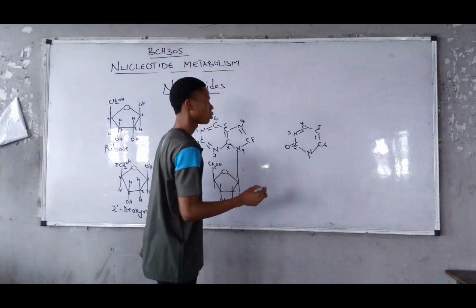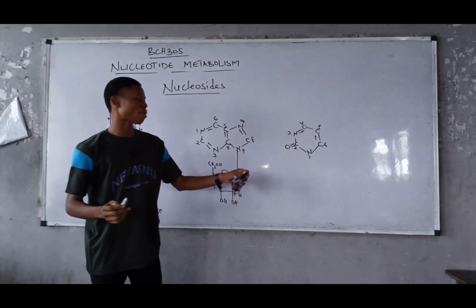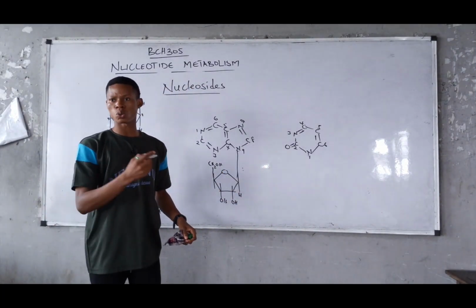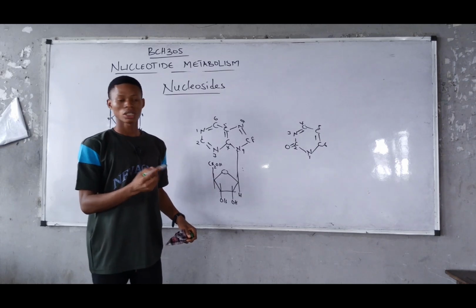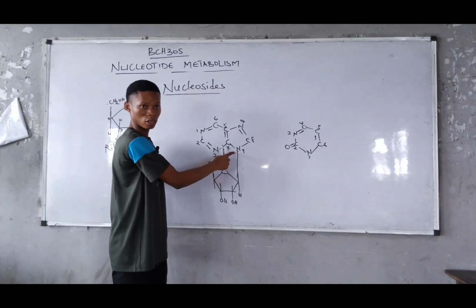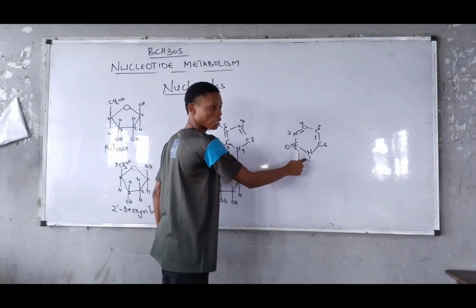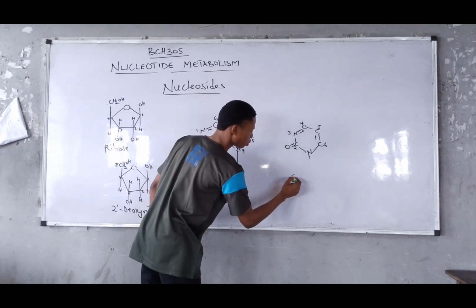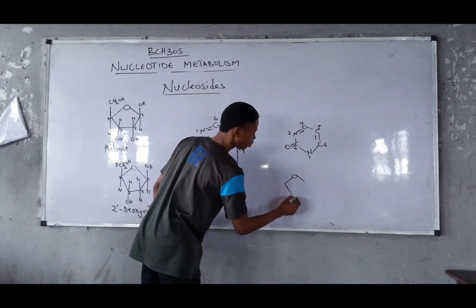Right? Now, where am I attaching the sugar to? Nitrogen what? Nitrogen 1. This one was nitrogen 9. But I'm attaching it to nitrogen 1, right? So the same thing, let me draw my ribose.